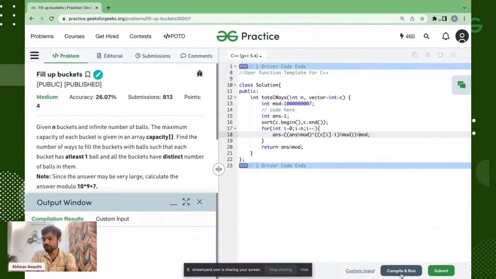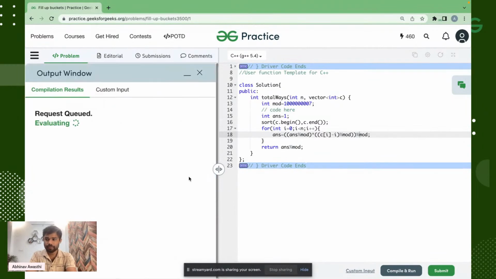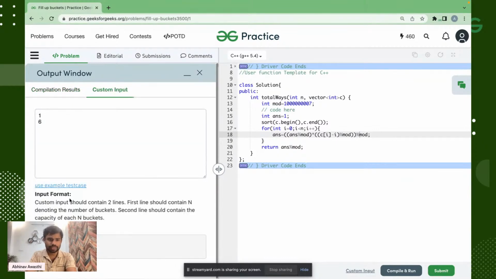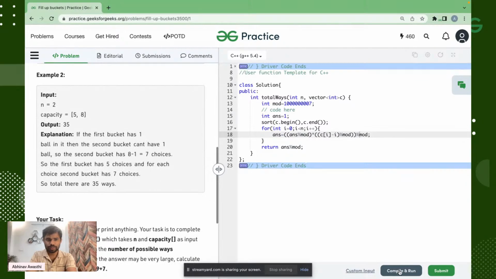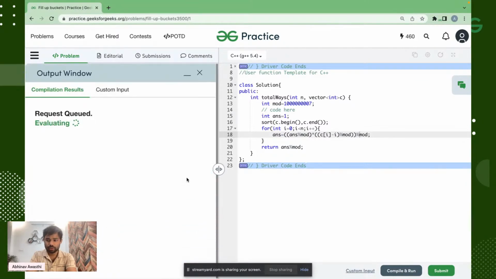Let's compile this code. It's amazing. Let's check for the other test cases too. 258. Okay.